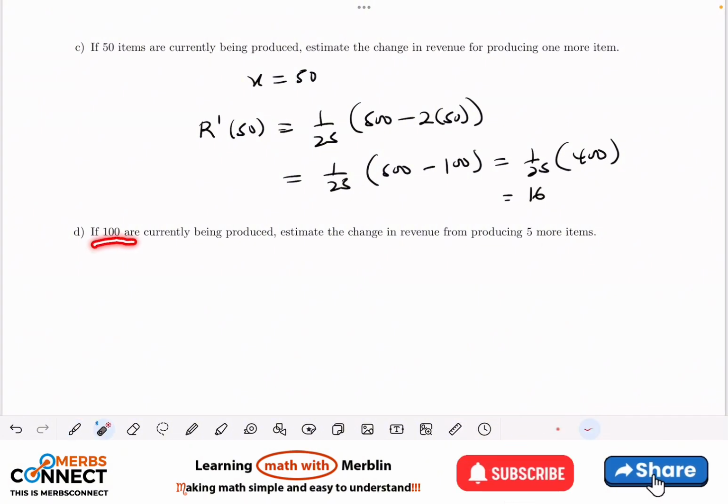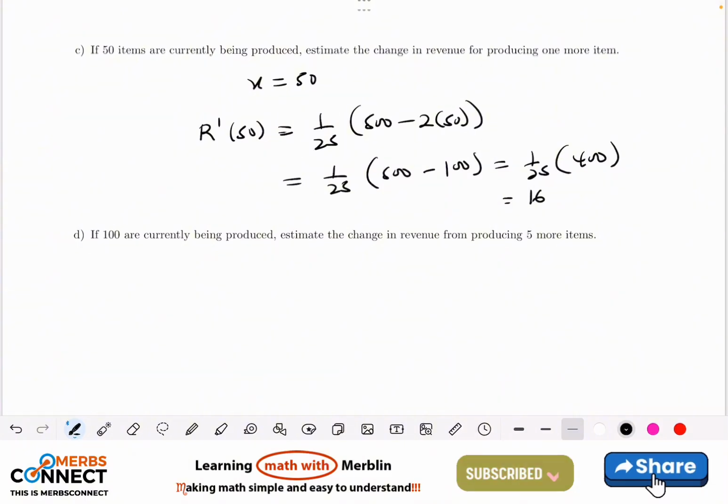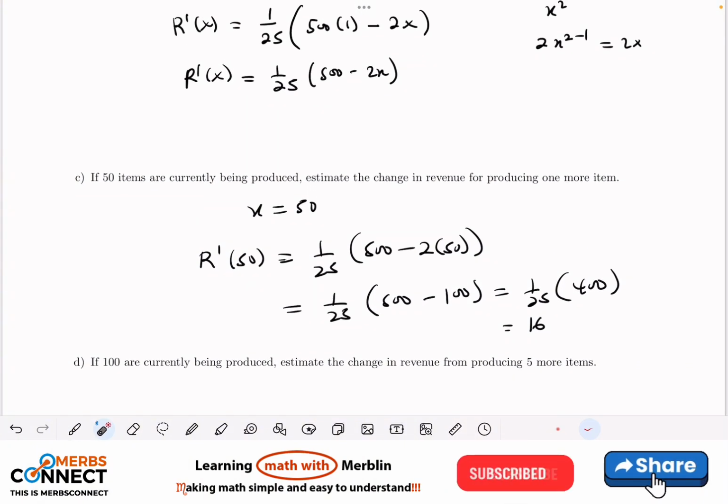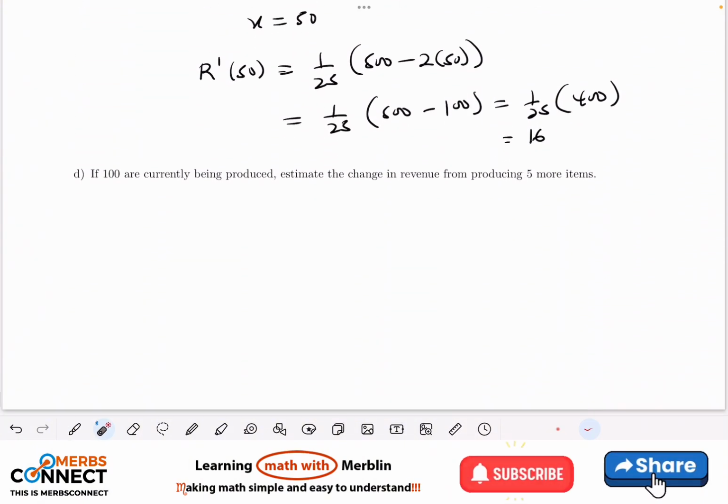If 100 are currently being produced, estimate the change in revenue from producing 5 more items. Okay, so we are going to use the same marginal revenue function.